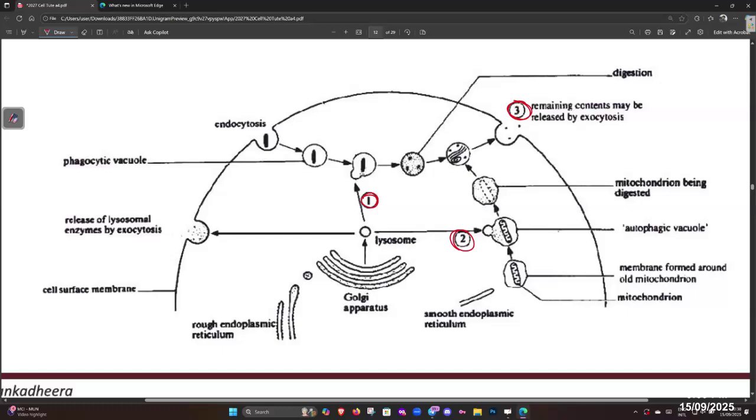You can see that the materials which come from outside are digested with the help of lysosomes. So what can you say is the first function? Digestion of food particles received by endocytosis.